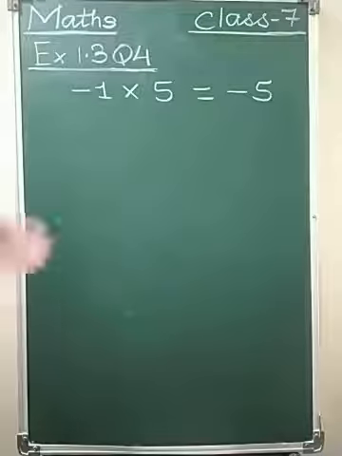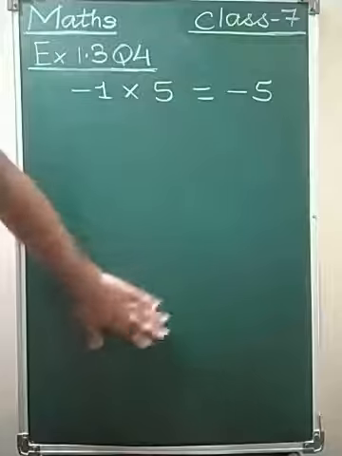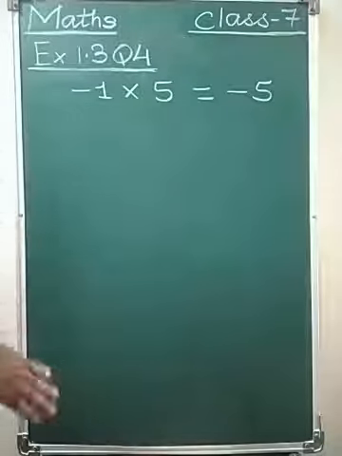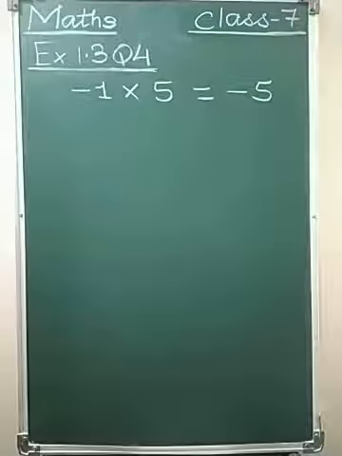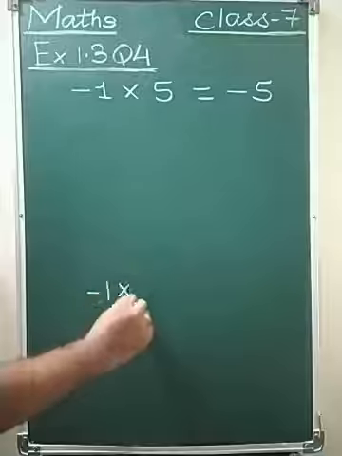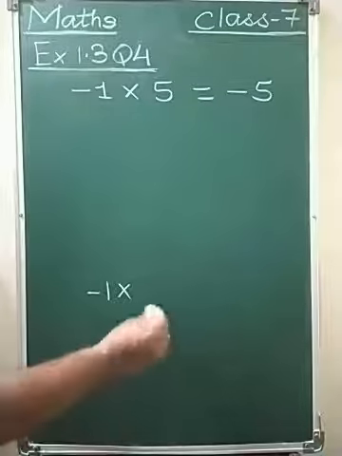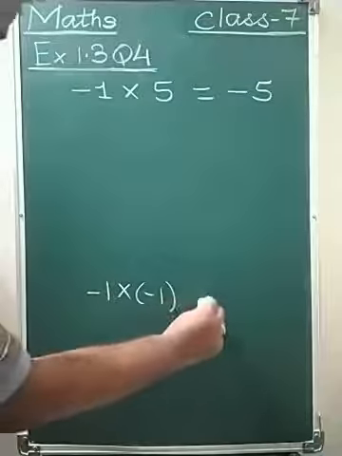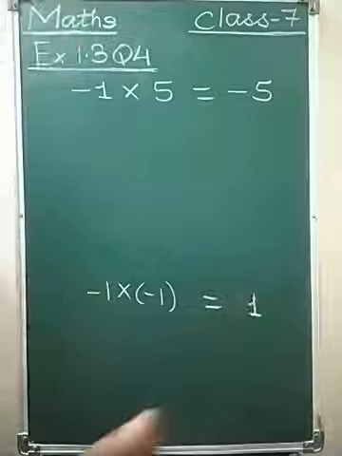Below this we have to write down various products and show a pattern. Up till where? The last thing given is minus 1 multiplied by minus 1 equals 1.